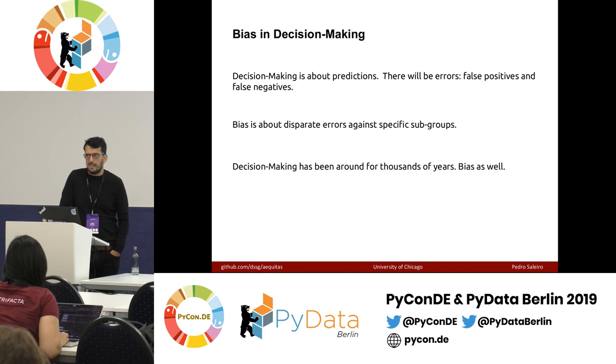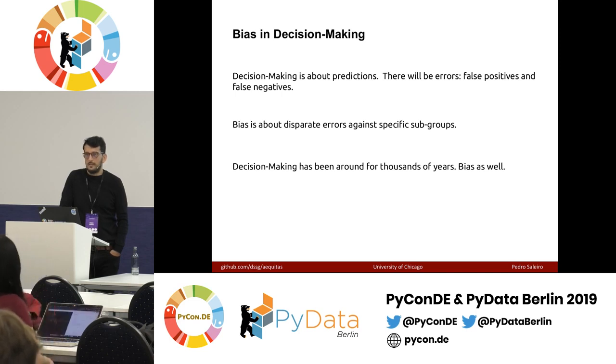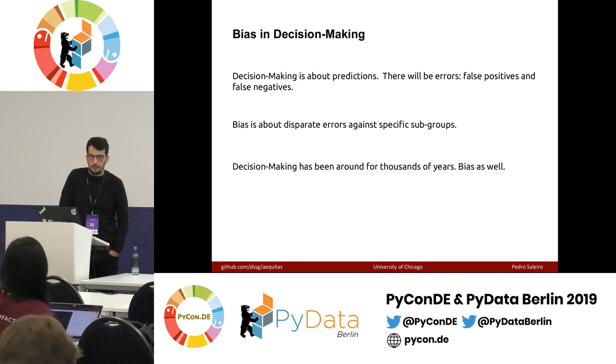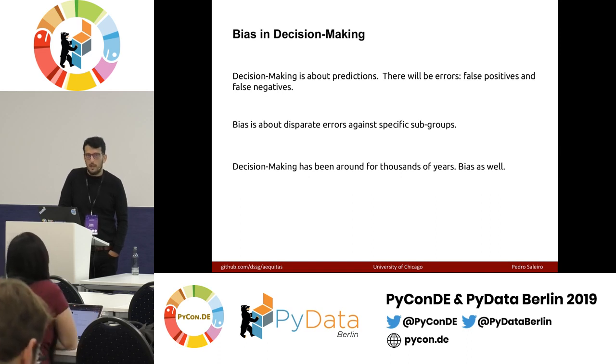But bias in decision making has been around for thousands of years. Like if you read Plato and the Republic and you think about ethics, all the policy decisions have been around, and every policy decision will get some people that will get more benefit, or some people will get more hurt. So it's really about the scale.